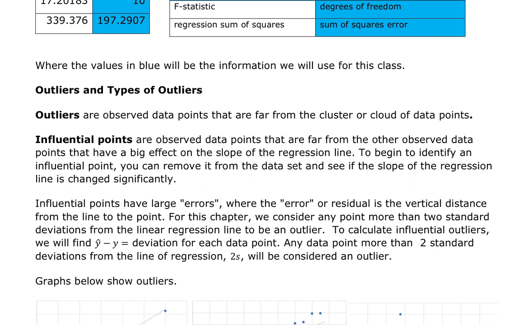We are only going to consider any point that is more than 2 standard deviations from the linear regression line to be an outlier. So to calculate the influential outliers, we will find y hat, the predicted, minus y, which is equal to the deviation for each data point. Any data point that has more than 2 standard deviations, 2s, will be the ones that we consider as outliers.